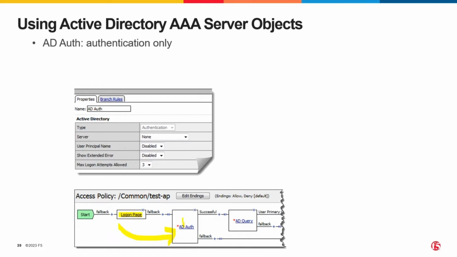After I successfully authenticate, I'm going further here to the logic of my policy. If there's a failure, so I didn't get any response from Active Directory, or maybe I put wrong credentials, I will be denied, so I go through this fallback branch. I can say, maybe I want to tell the user who has put wrong credentials what was happening, and so on.